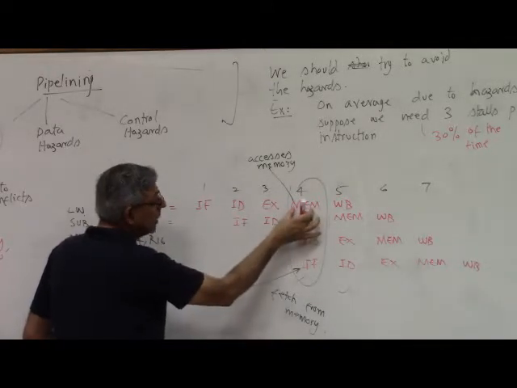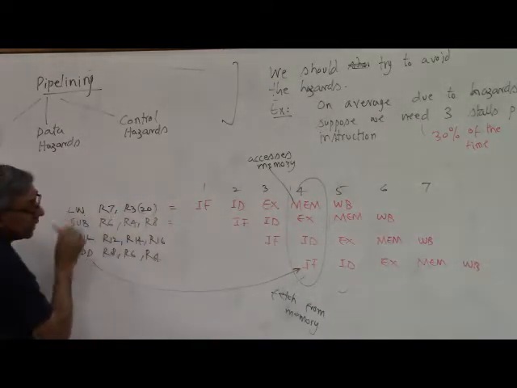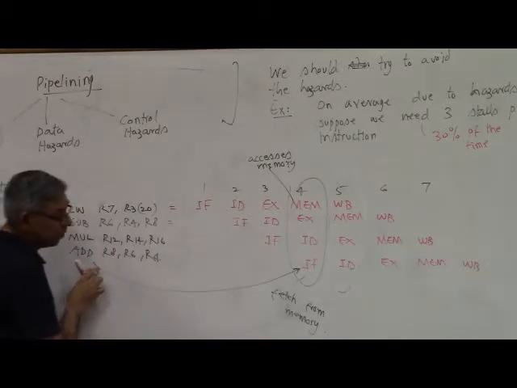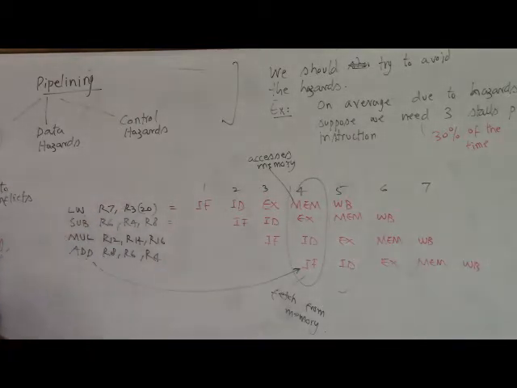Clock cycle 4, load word is accessing the memory. Clock cycle 4, add is also accessing the memory. So if we only have one access point to the memory, meaning one way to read or write to the memory, obviously both of them cannot read and write at the same time. So we have what we call a hazard, and either we have to delay the instruction.